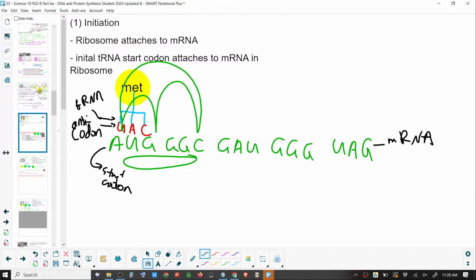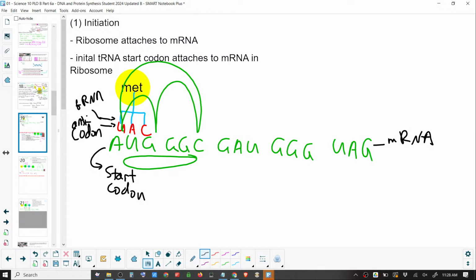I promise you don't have to write this down. Anticodon, tRNA, it comes in. I draw it like this because there's literally a hole for it to go into, and it sits there. Start codon.